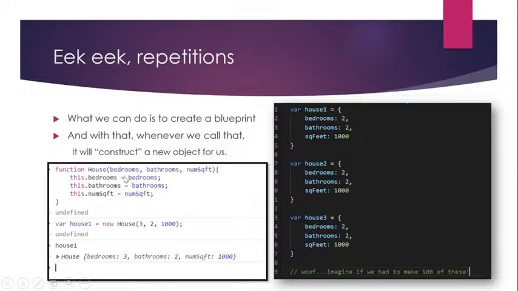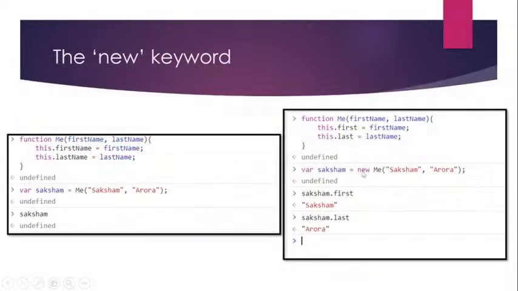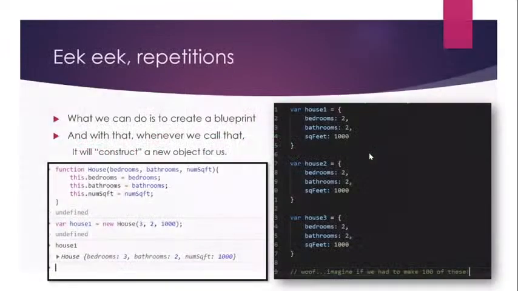Okay, if we have said that bedrooms are being called as 3, 2, and 1000, then we want this property to be bedrooms itself. As you can see, this is bedrooms and this is bathrooms, this is the number of square feet. That's why we call these properties the same as these parameters. Otherwise, in the previous version of this, as I said, the first property was not exactly the same as first name. Okay, so is this the case?